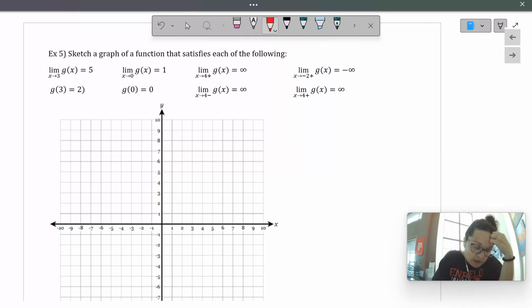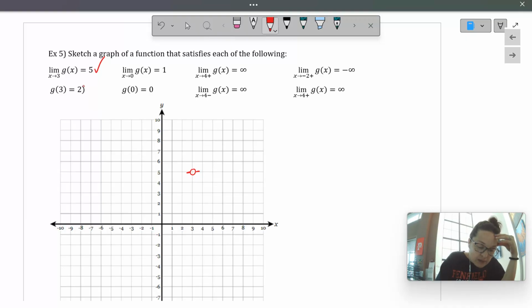So let's see. The limit as x approaches 3 of g of x is 5. Okay, so at 3, I know my limit goes toward 5 on both sides, okay? But I don't know if that's a filled-in hole or a not filled-in hole, so I'm just going to say I've shown that the limit goes to 5 on both sides.